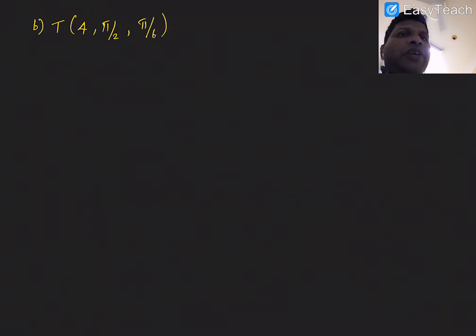You can see this is a number and this is an angle and this is also an angle. So it is easy to represent it in Cartesian coordinates. So what is this? This is actually in spherical coordinates.